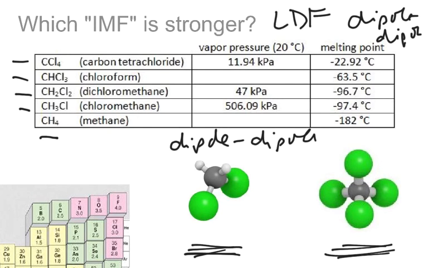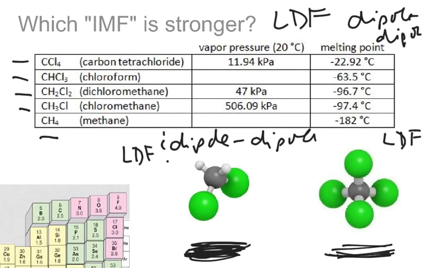And here, this nonpolar molecule, the only thing it's going to have to go for, you know, to hold things together is London dispersion forces. But we have to remember that everything has London dispersion forces. So if we say this has dipole-dipole attractions, it's dipole-dipole and London dispersion, and this guy has London dispersion forces.